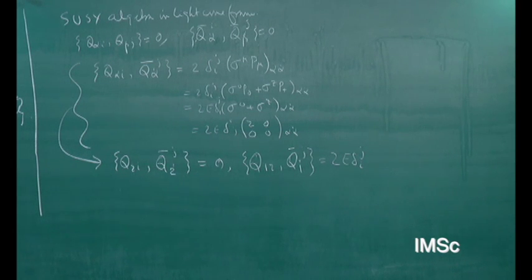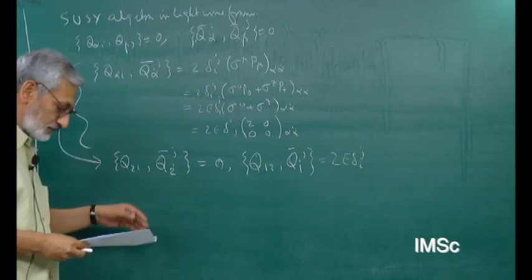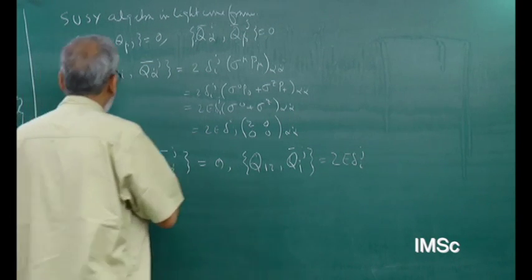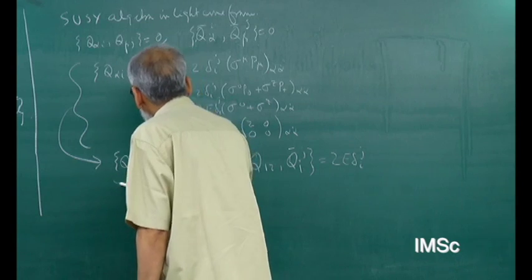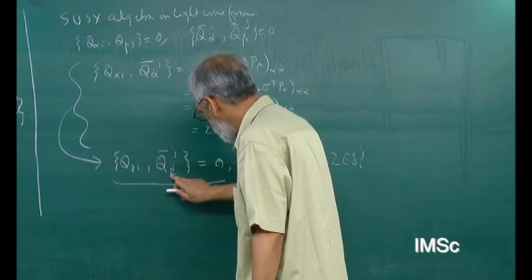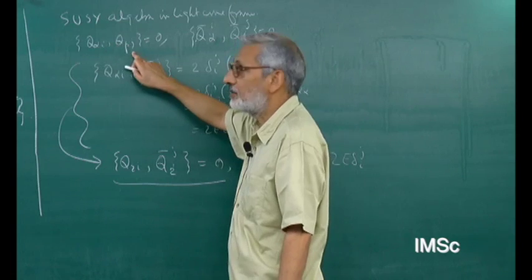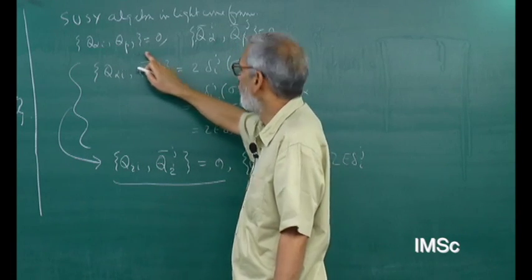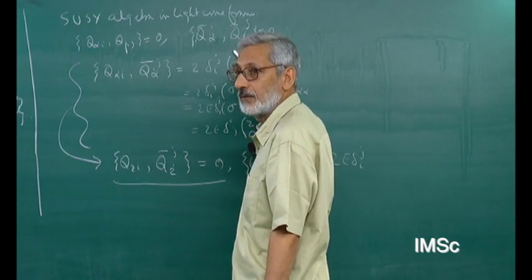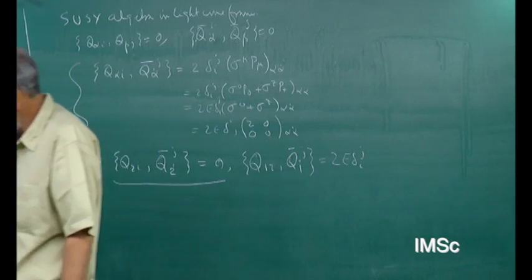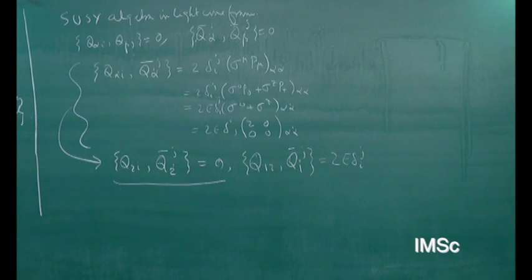Is that clear? So now look at these objects. Q2 bar is 0. Q2 is 0. Q2 bar is 0. So the algebra of supercharges with label 2's is all 0.